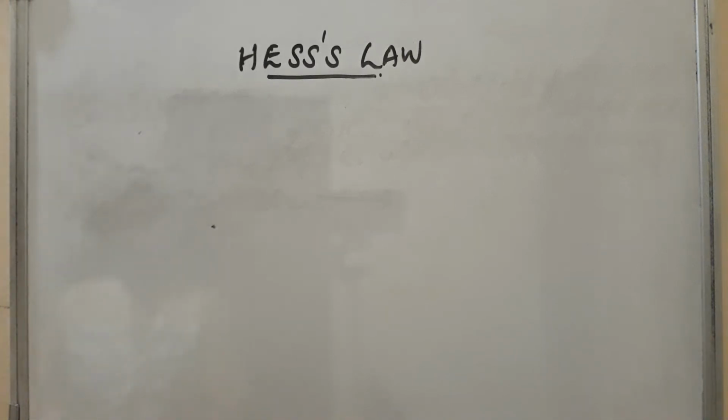What is Hess's law? Hess's law states that the enthalpy change in a chemical or physical process is the same whether the reaction or the process is carried out in one step or in several steps.